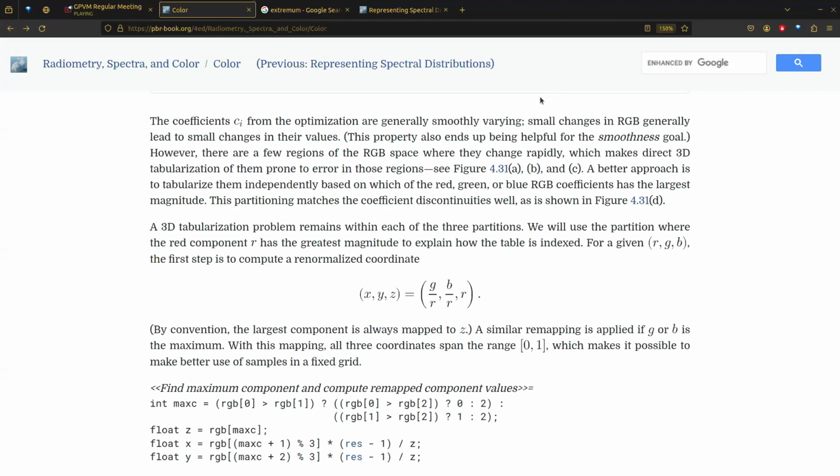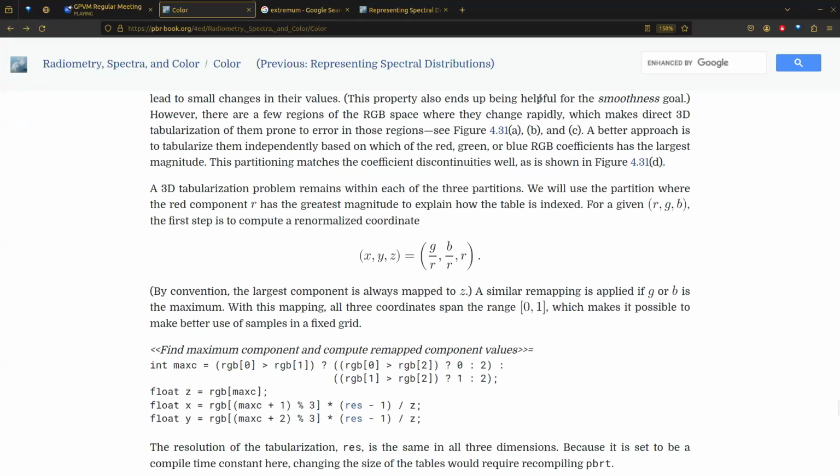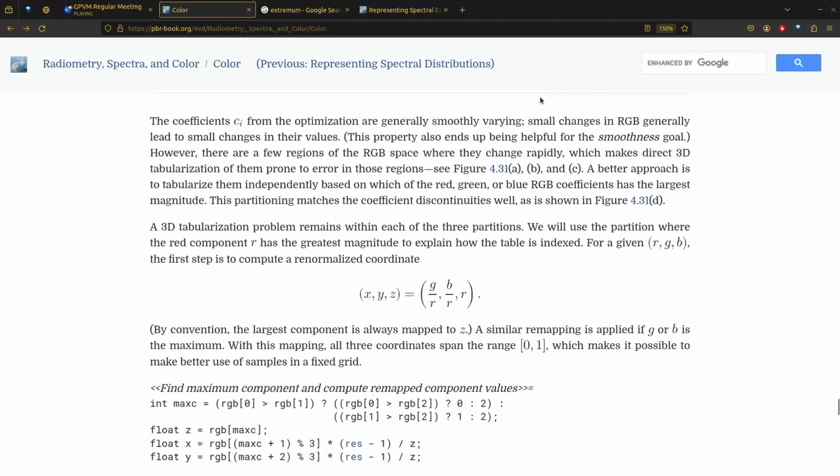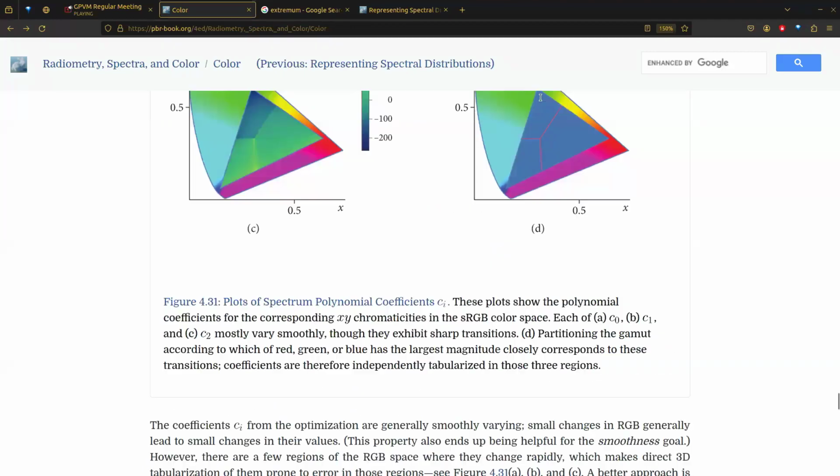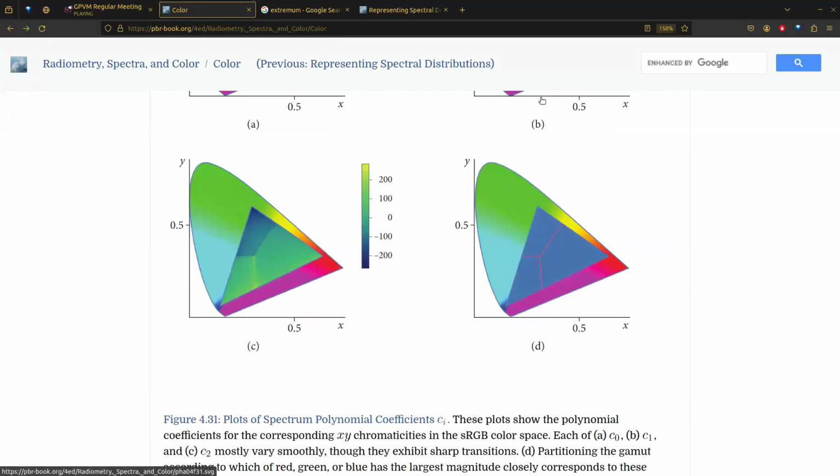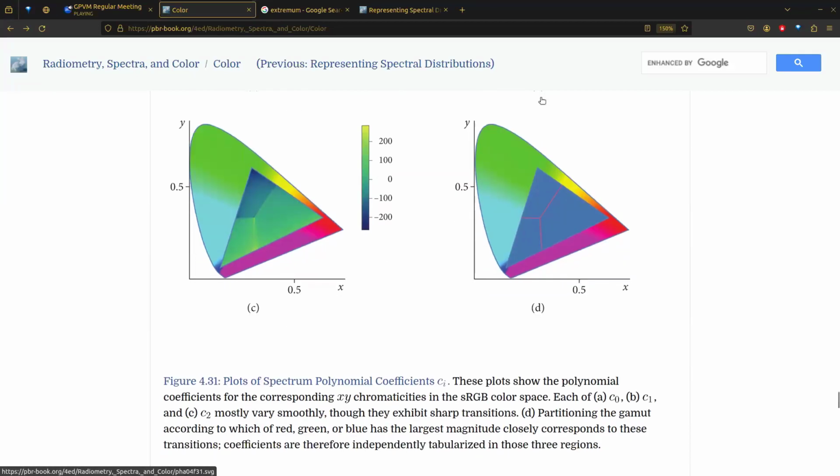A better approach is to tabularize them independently based on which of the red, green, and blue RGB coefficients has the largest magnitude. The partitioning matches the coefficient discontinuities as well. So they end up with this thing in section D.